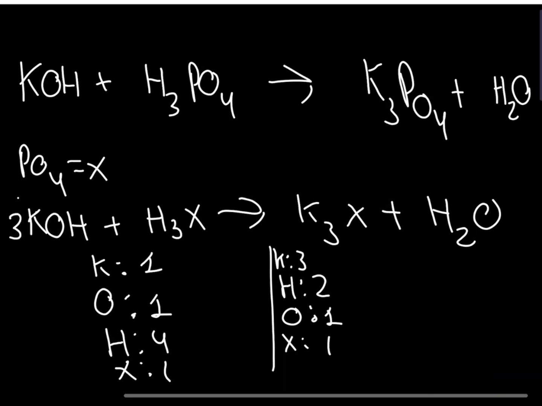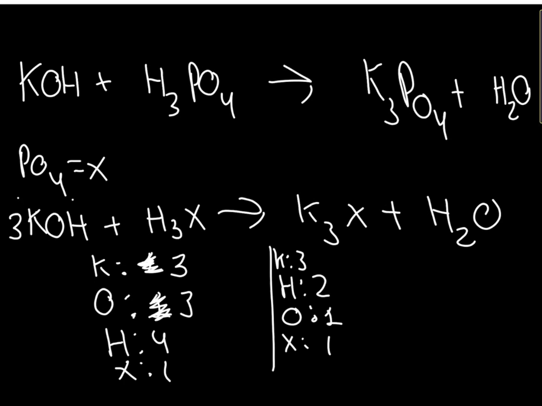Let's put a 3 here because our metals aren't balanced. When we put a 3 here, the K distributes to the O, so 1 times 3 is 3, and distributes to the hydrogen. 3 times 1 is 3, plus this 3 right here, that's going to be equal to 6. So we're going to have 6 hydrogens now.